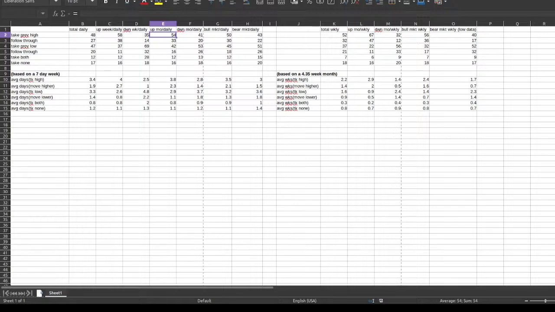And then we need both sides of the market. There's a high and a low broken, and it's a bull market in an up month. Okay. Copy this. Paste it. 12%.